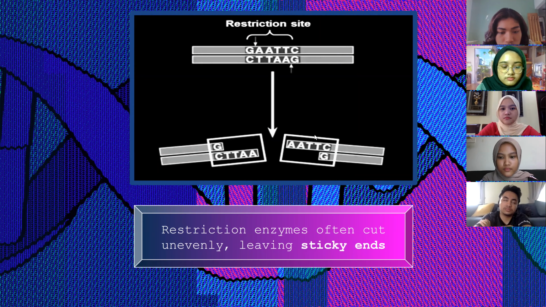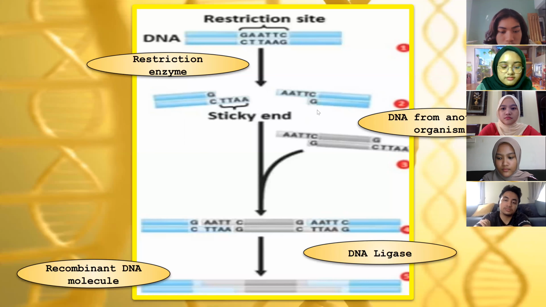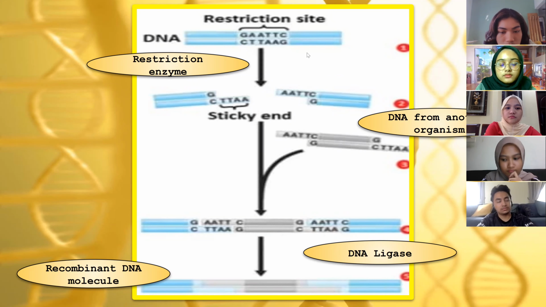Now let's take a closer look at how we would use these two enzymes mentioned earlier, the restriction enzyme and DNA ligase, together in order to create a recombinant DNA. So here's our DNA sequence and here's the restriction site for a particular restriction enzyme. First, we add a restriction enzyme to cut it into fragments, hence producing the sticky ends. Now we add DNA from another source that has also been cut using the same enzyme.